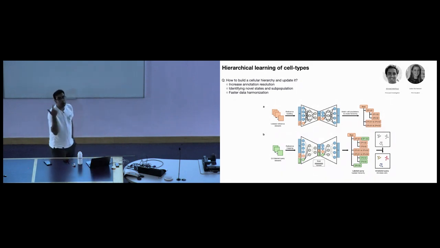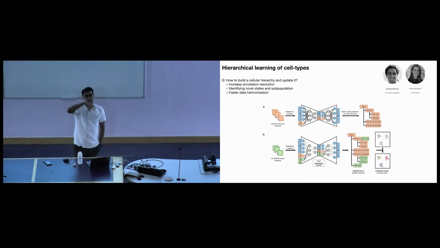And second, once you can build a hierarchy, so that the annotations from the first collaborator are subsets of the annotations of the second, can you build this hierarchy and update it with new data sets?